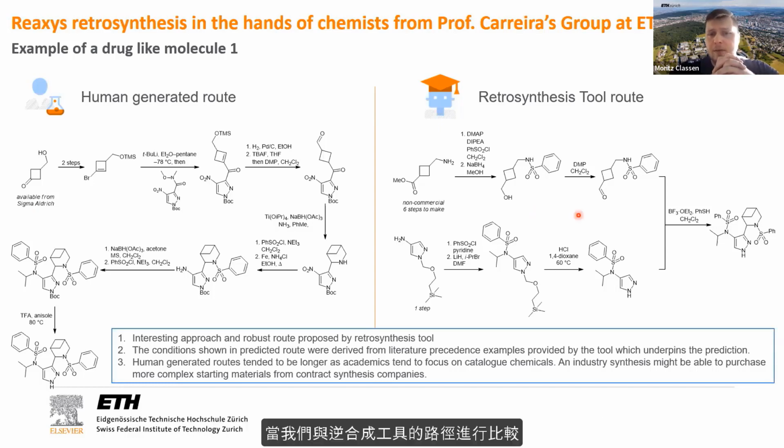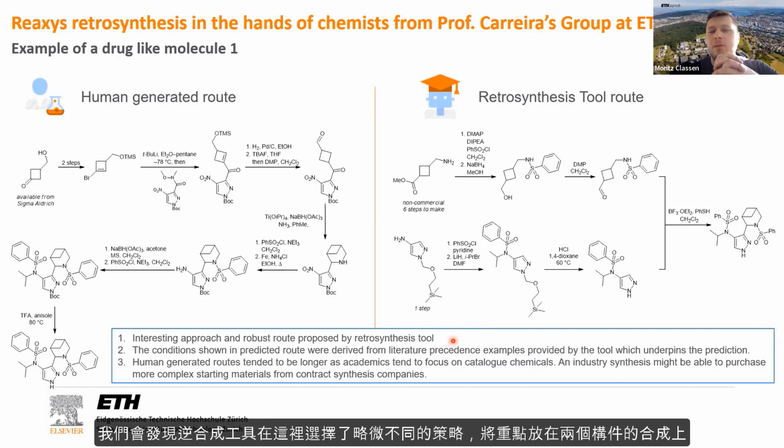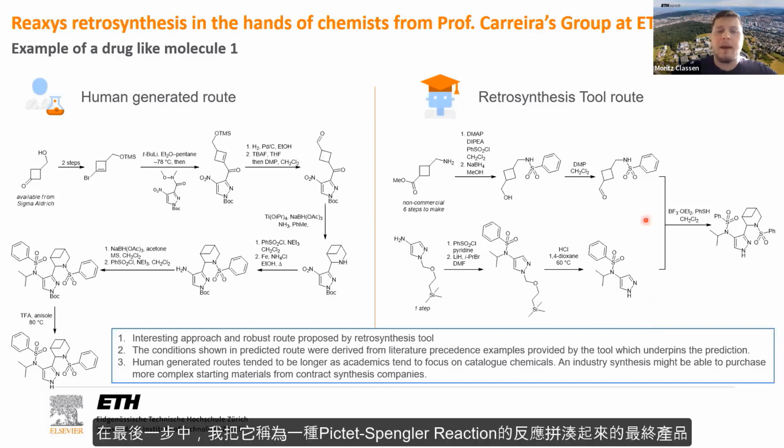If we compare this to the retrosynthesis tool route, we see that the retrosynthesis tool picks a slightly different approach here and focuses on the synthesis of 2 building blocks that are then in a final step, which I kind of refer to as a sort of Pictet-Spengler type reaction, coupled together to give the final product.